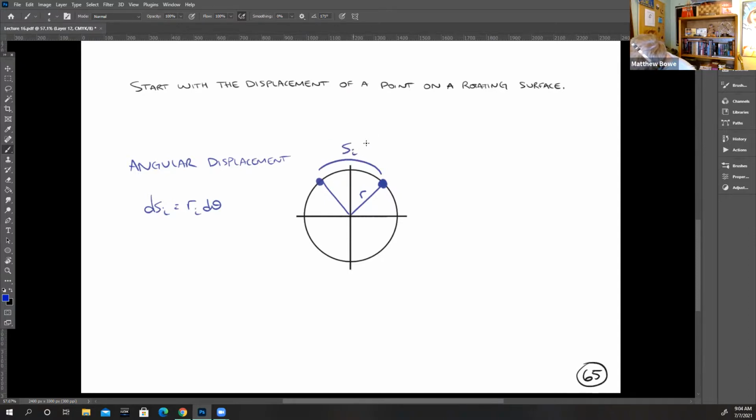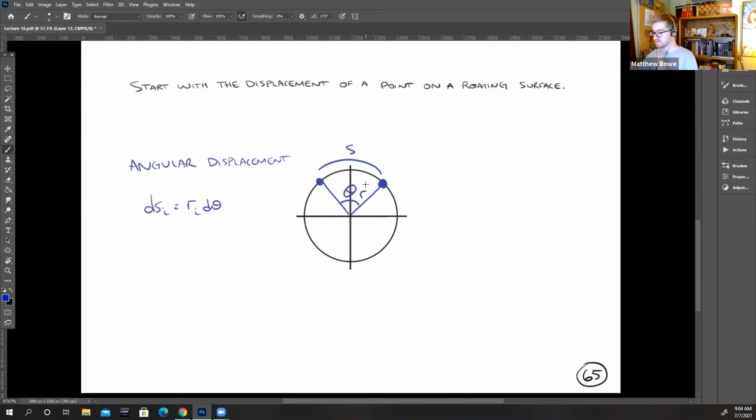So that's S sub I. I'm just going to call it S. So that'd be this arc length is the radius of this circle times what kind of angle, theta.